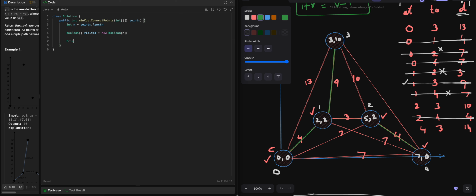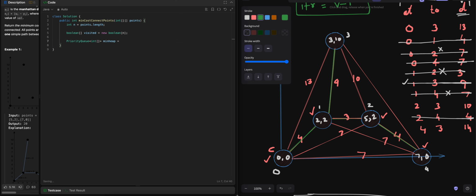Now let's create a min heap. In Java, we create it with the help of a priority queue. And as I mentioned, how we are going to store the edges is very important, and I'm going to use an array for it. So let's create a min heap.